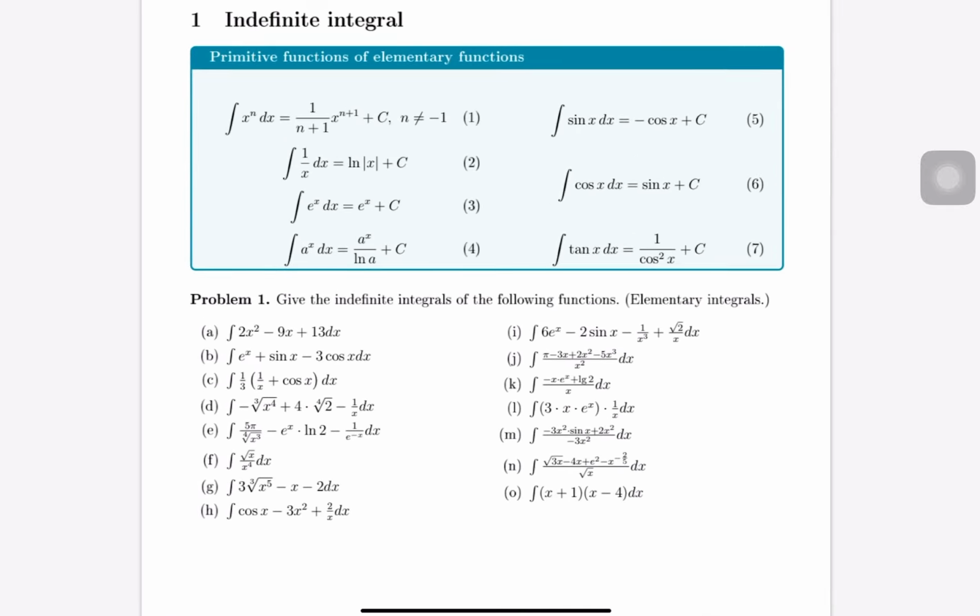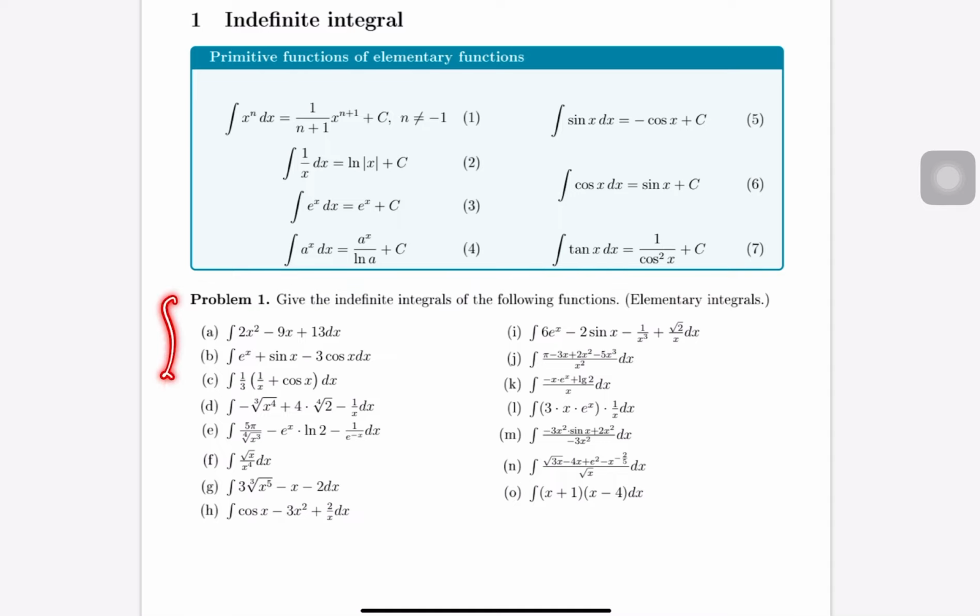Again we can see the table: x power n, 1 over x equals ln x, e power x equals e power x, a power x equals a power x per ln a, sinus integral is minus cosinus, cosinus integral is sinus x, and the tangent x integral is 1 per cosinus.